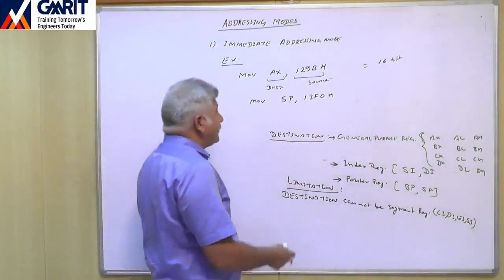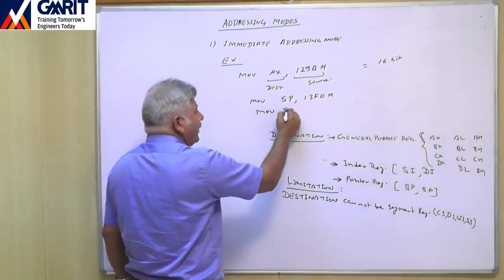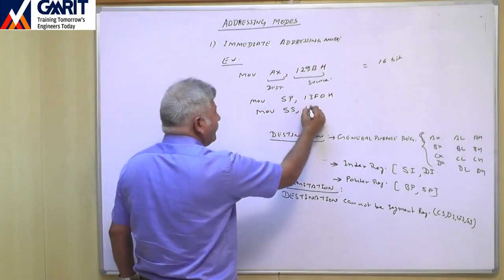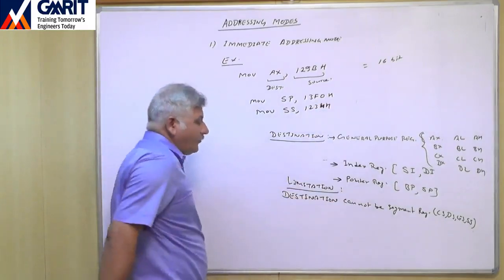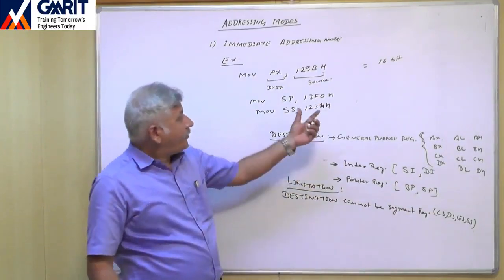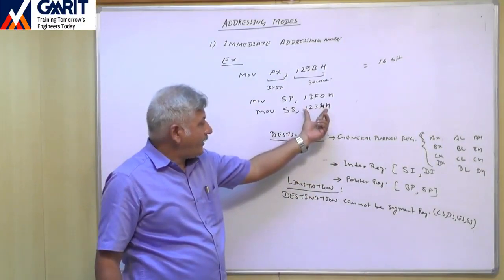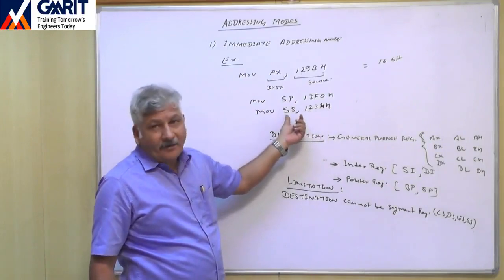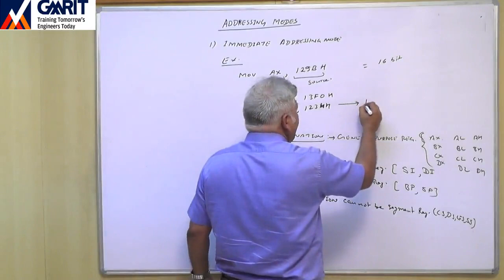These registers cannot be used as a destination. For example, move SS, 1234H. So here what we are trying? We are trying to move a 16-bit number 1234H in stack segment register, right? So this is invalid. So this instruction is invalid.